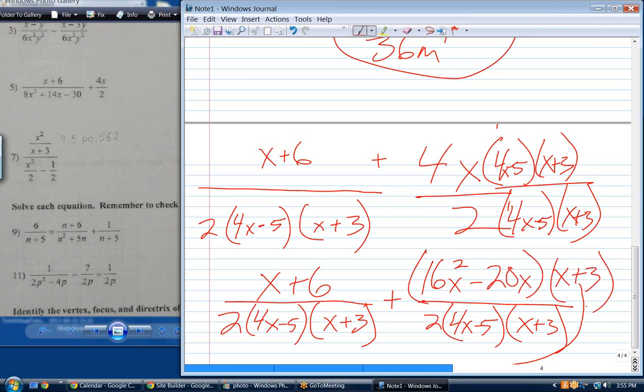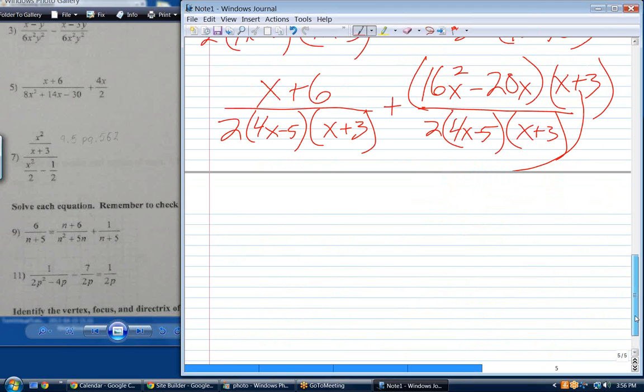All I did was multiply those two together to get this. And then that product still needs to be multiplied by the x plus 3. Now, can we do anything to simplify that? Well, we've got a common denominator.